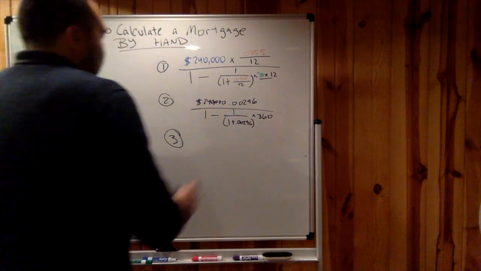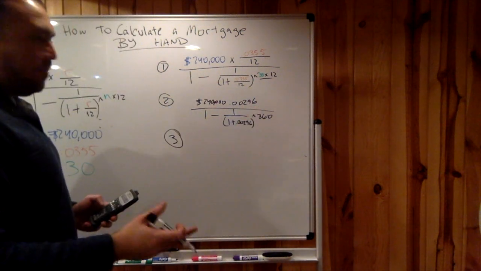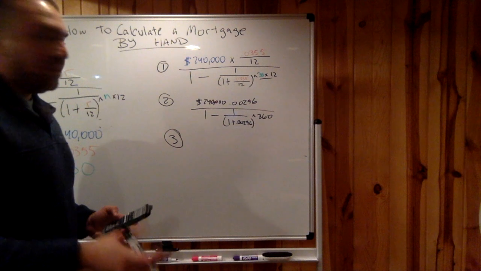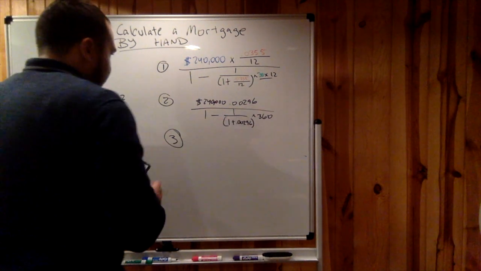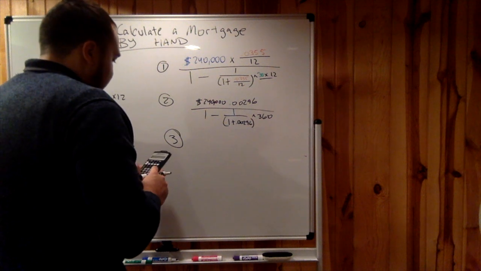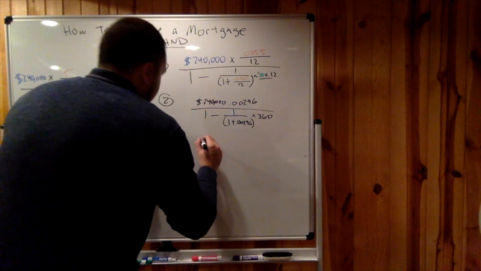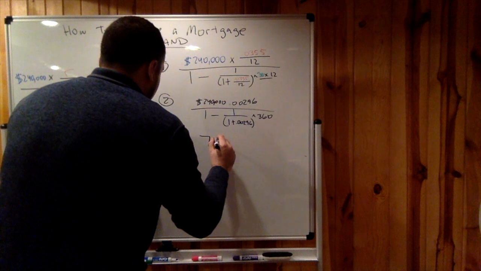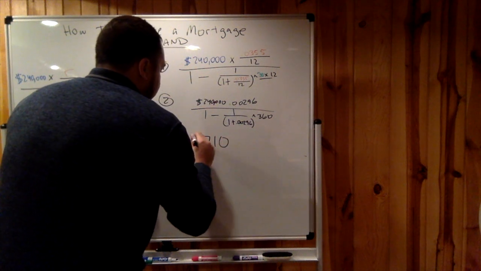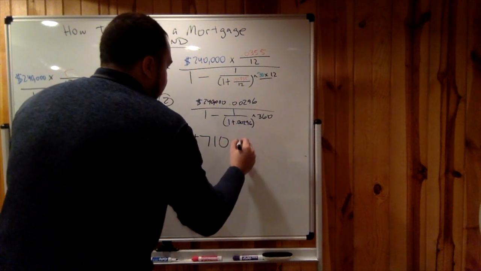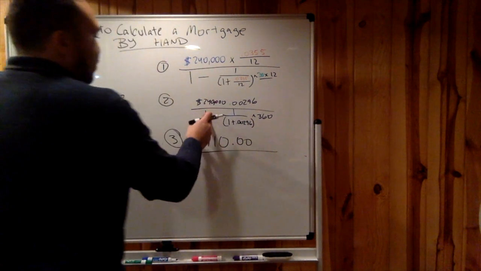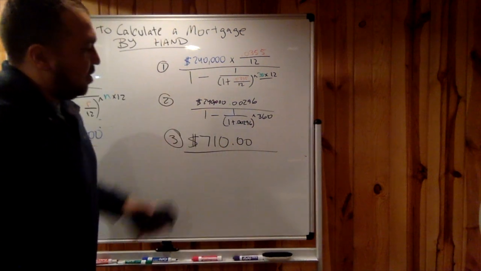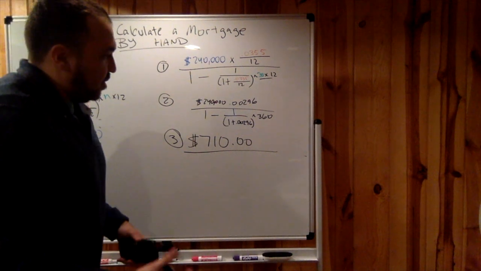So when we solve for the top, we're actually solving for the first month's interest. So we multiply the 0.00296 by 240,000, and we have a first month's interest of $710.